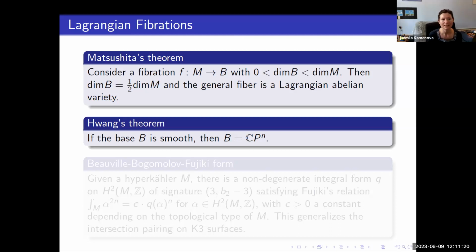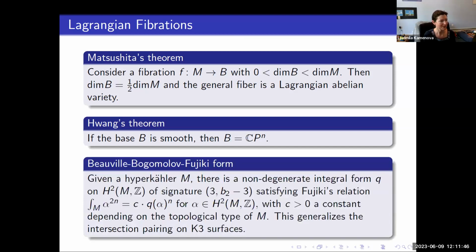And this was proved in complex dimension 4. And of course, in complex dimension 2, if you have a K3 surface, then the base is always CP^1. But if you have a hyperkähler complex 4-fold with a Lagrangian fibration, then the base is CP^2.